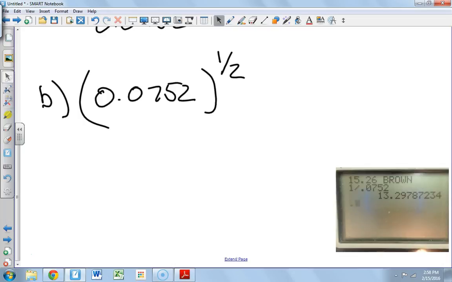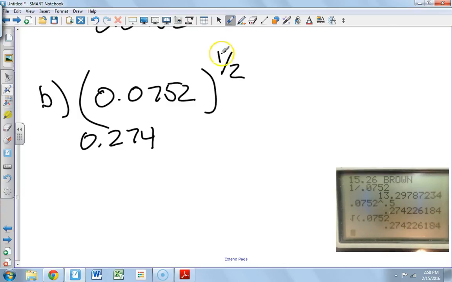So 0.0752 raised to the power of 0.5 equals 0.274. Just so you can believe the math, we can also do the square root of 0.0752, and it's the same answer. The half power means the square root.